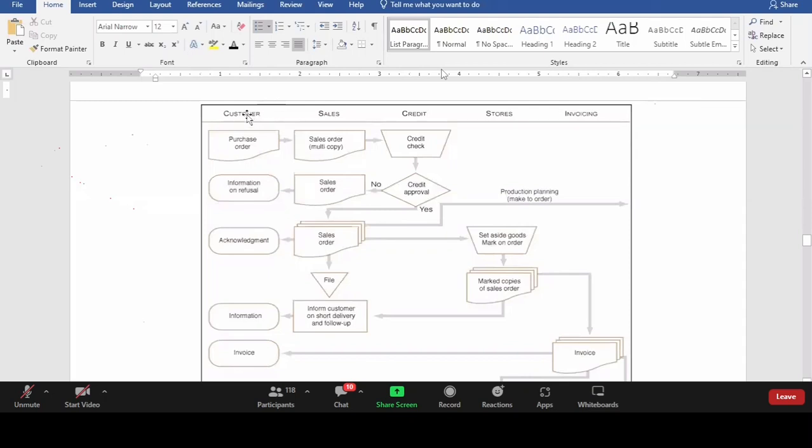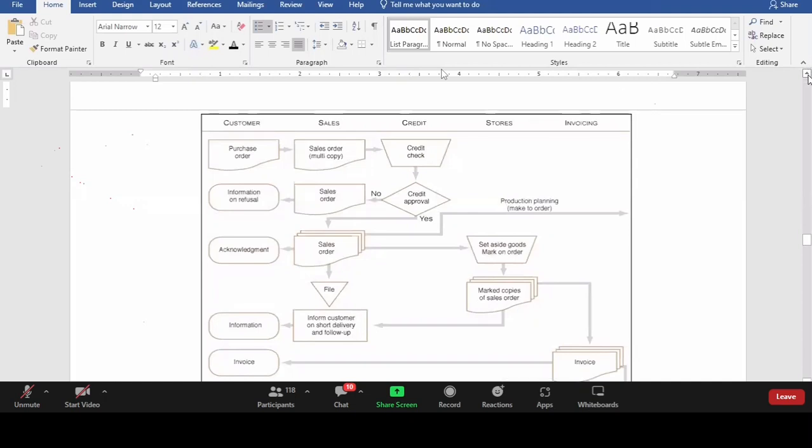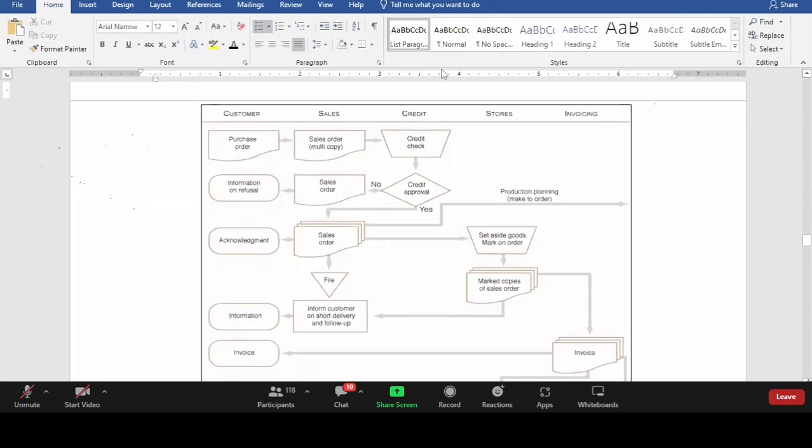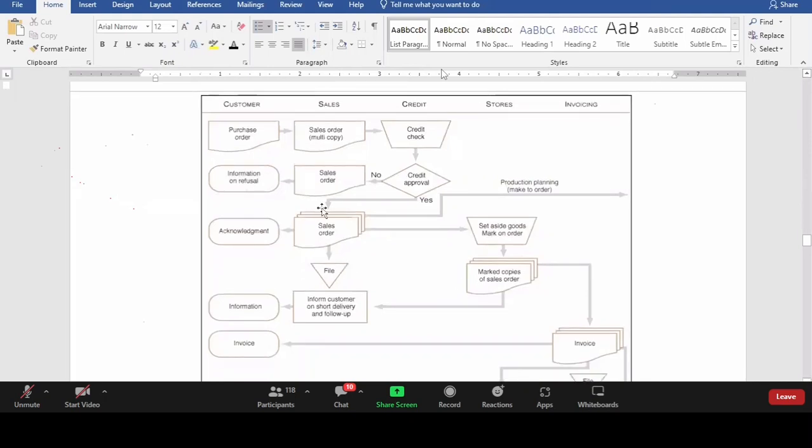We have the customer. Can we briefly look at what we are flow charting here? These are the flow lines showing the flow, and these are the documents and procedures.